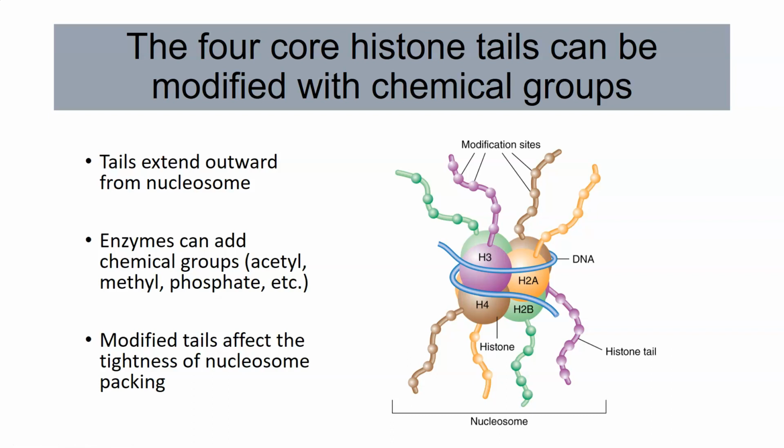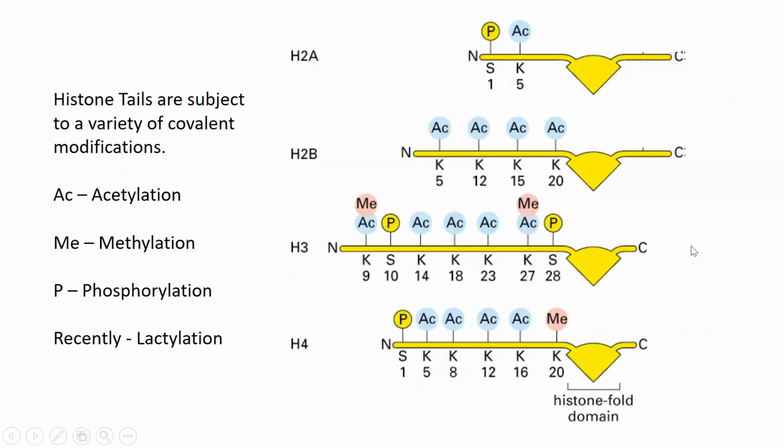This slide shows the four histones that are found in the octamer core of the nucleosome. These are the N-terminal tails that are protruding. And there are various sites. The single letter here indicates the amino acids that are present in location number 5, 12, etc., for each of these histones.